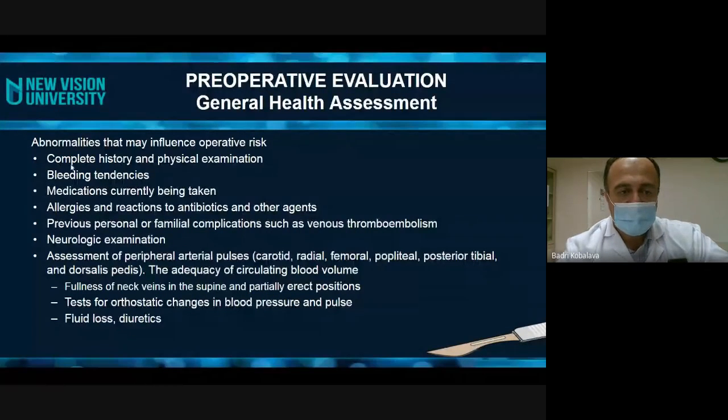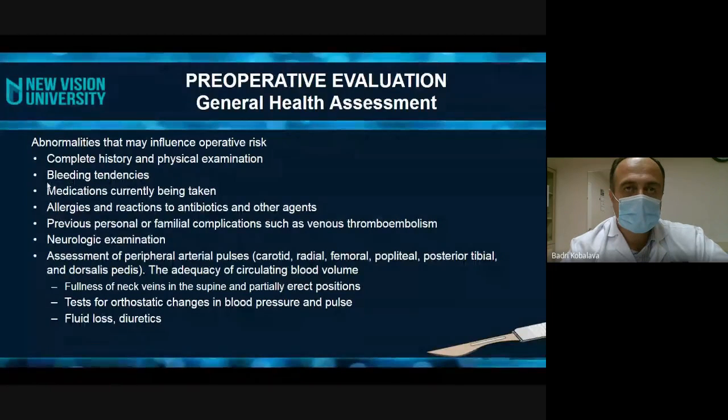And now we must ask about bleeding tendencies. Some patients have a history of bleeding. Insignificant trauma, which does not lead to any bleeding in other individuals, can lead to bleeding in this particular patient.